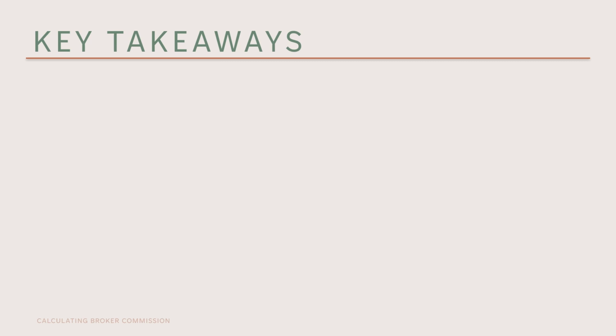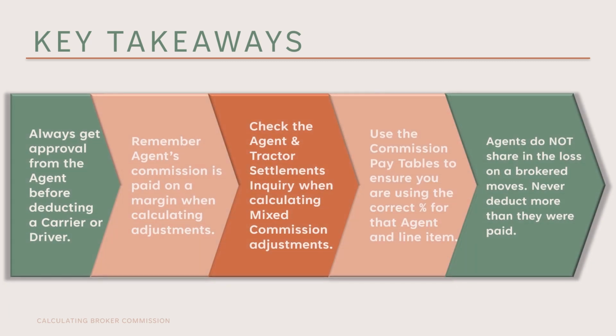Let's go over some key takeaways because I know that was a lot of information to take in. Here are some things that you want to make sure you are remembering and noting when you are doing adjustments on brokered loads. Always get approval from the agent before deducting a carrier or driver. Remember, agent's commission is paid on a margin when calculating adjustments.